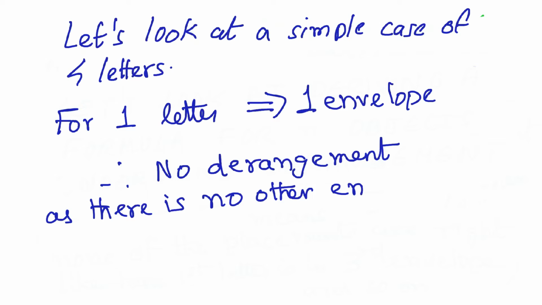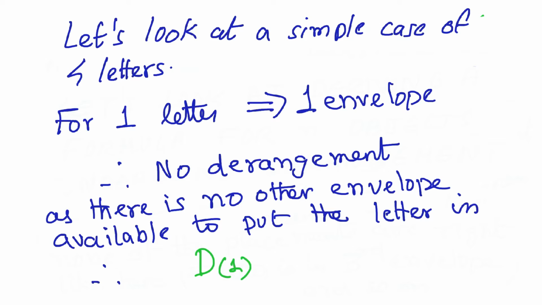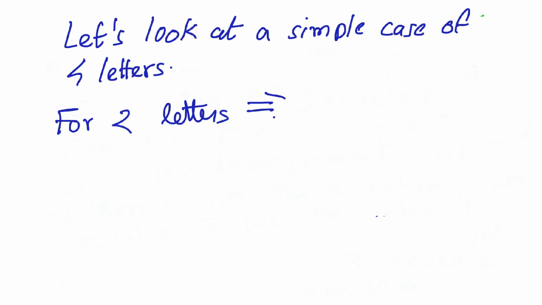There cannot be a case of putting a letter in an envelope which is not intended for the letter, which basically means that for one letter, that is for one object, derangement is 0. And derangement is generally denoted by capital D, which means that D1 is equal to 0. So for one object, there's simply no derangement.